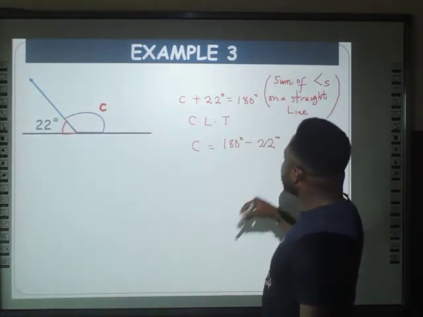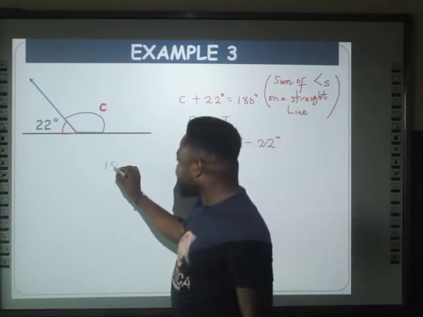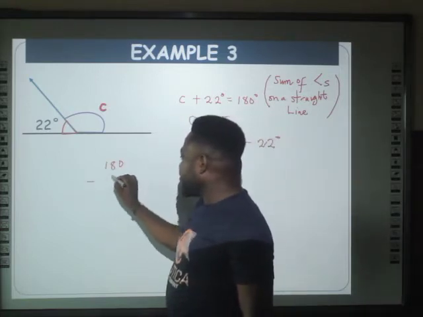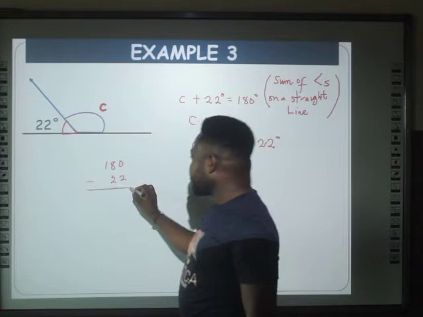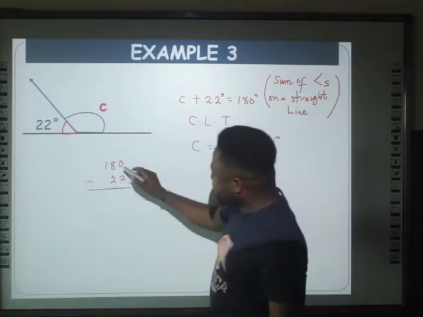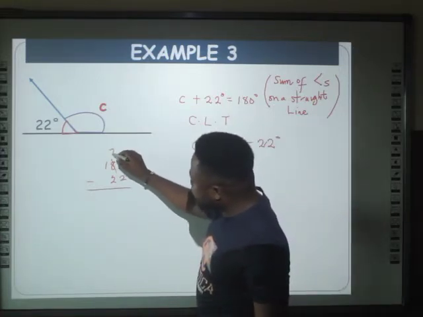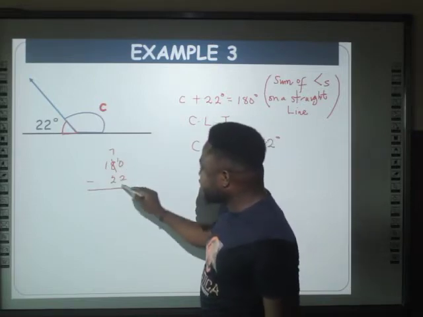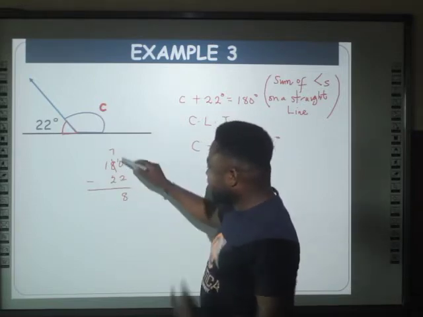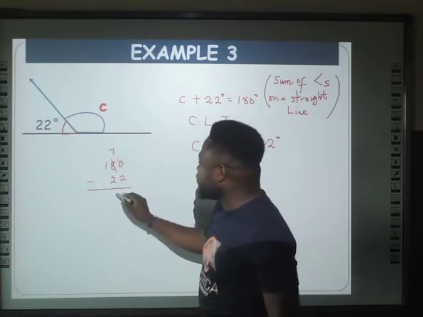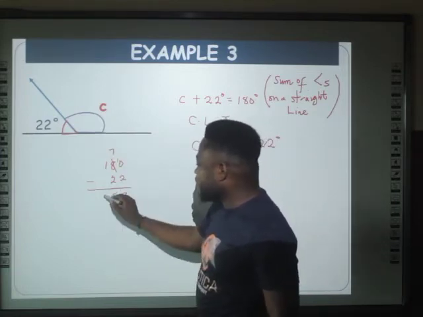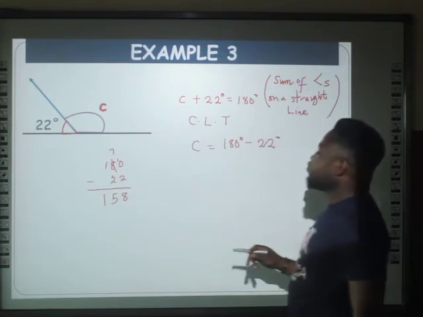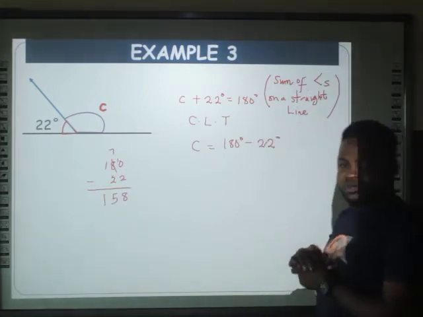Of course, let's quickly subtract that. 180 minus 22. Simply borrow 1 from 8. You are left with 7. Replace the 1 there, becomes 10. So 10 minus 2 will give us 8. Now 7 minus 2 will give us 5. So you now drop down 1, right? So 180 minus 22 will give us 158.